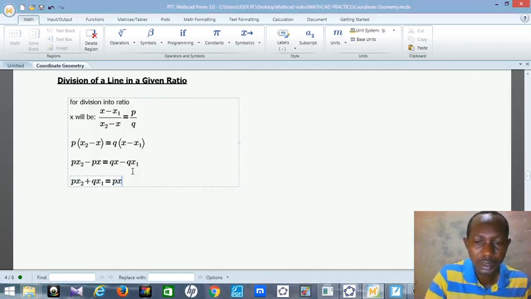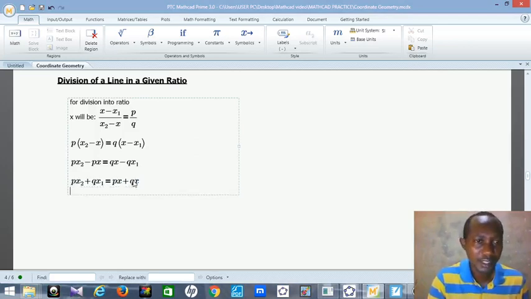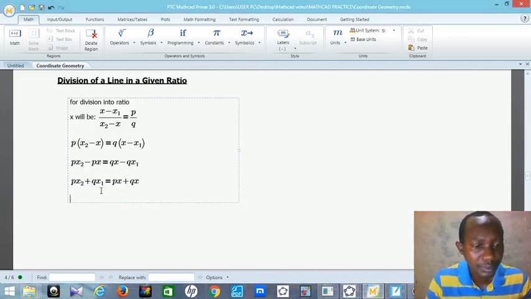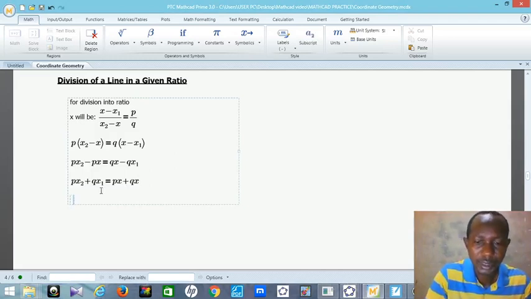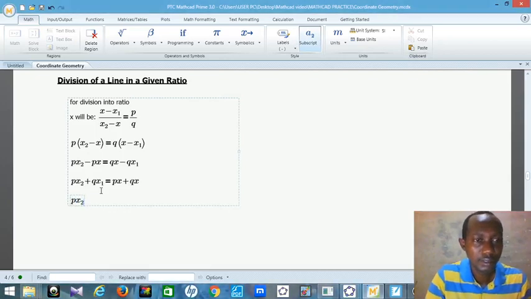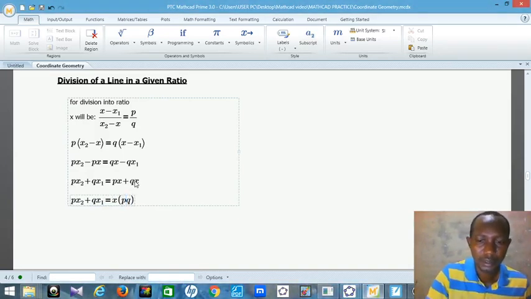Now x is common, I will factorize it. When I factorize x out from this place, I'm going to have px2 plus qx1 equals x open bracket p plus q.